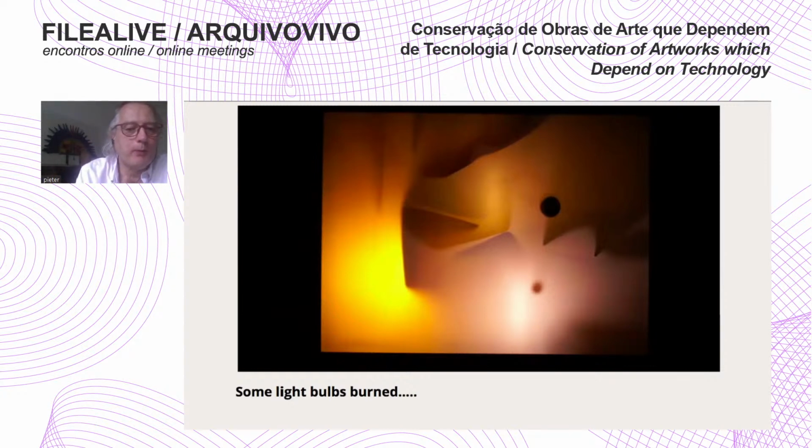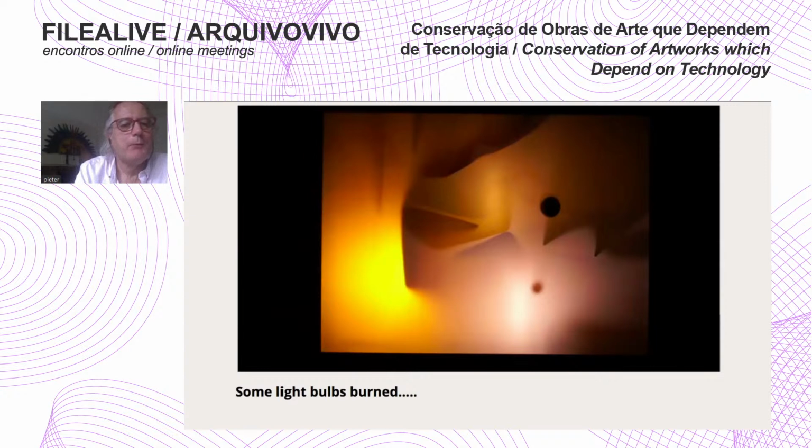And then another problem occurred. When you use incandescent lamps, bulbs, they start burning with less intensity over the years. And they start to make different designs, different compositions. So how do we deal with that? The artist never thought about it. He said, okay, I'll give you some others, change.